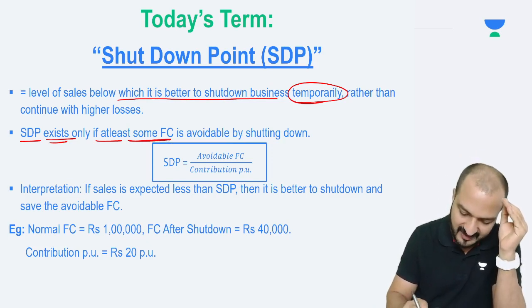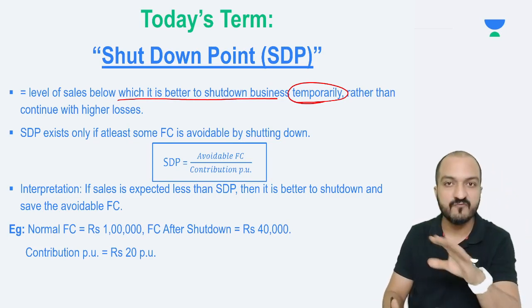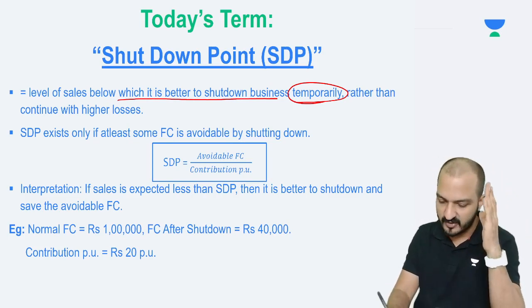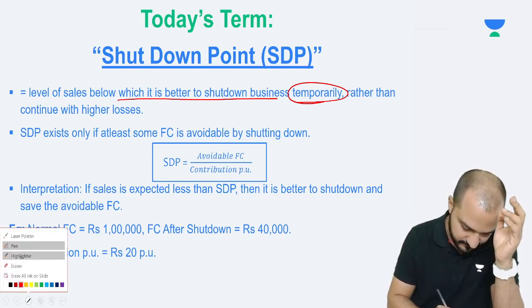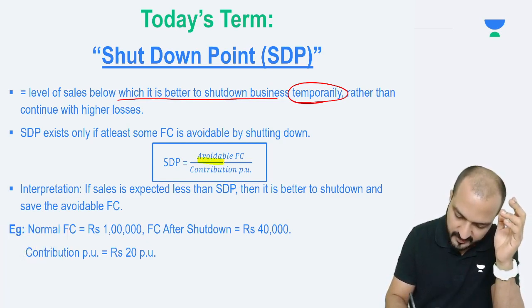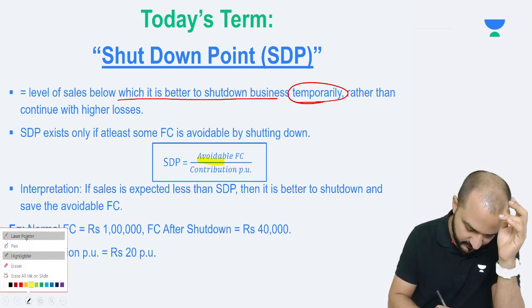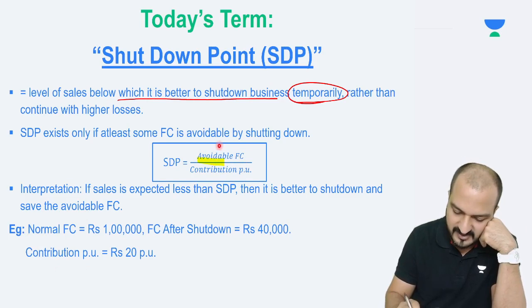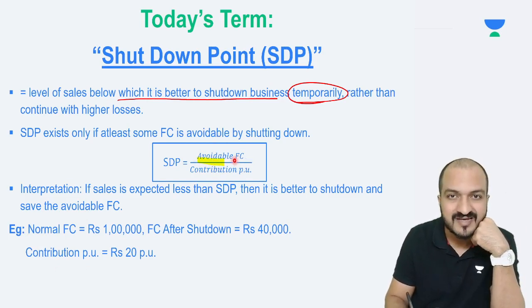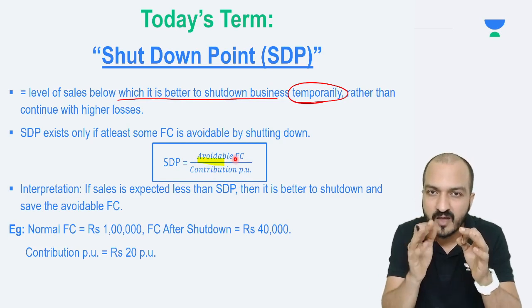Okay? So my calculation of shutdown point is a simple formula. Directly, I'll explain the formula. It says shutdown point is avoidable fixed cost divided by contribution per unit. Normally, break even point, how do you find?